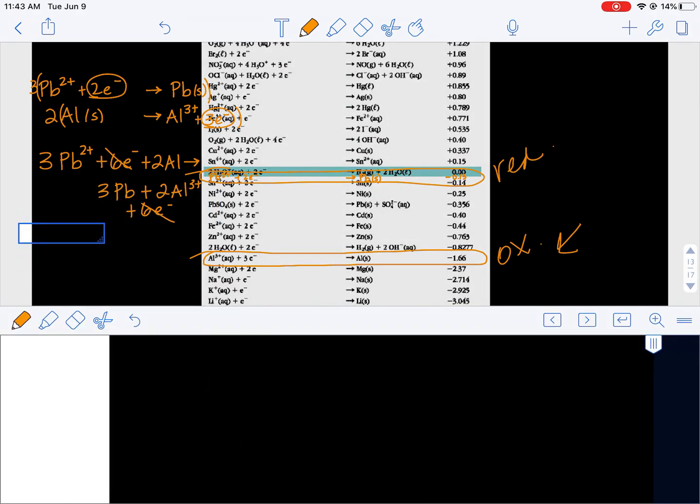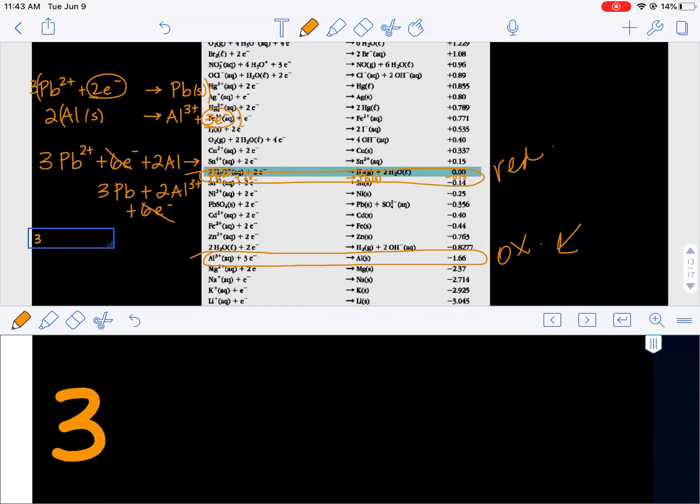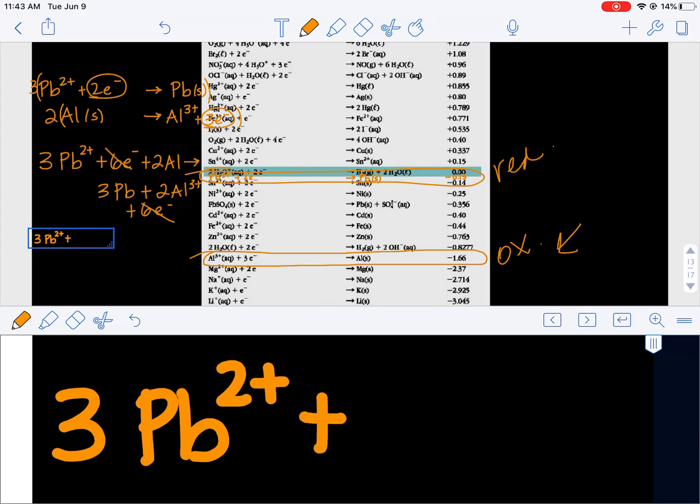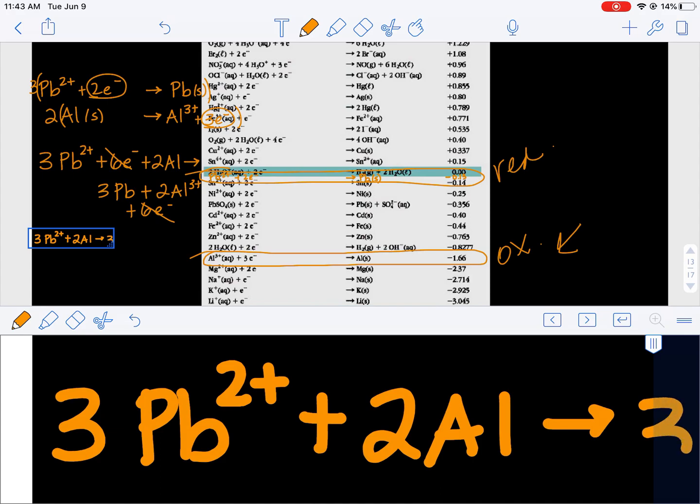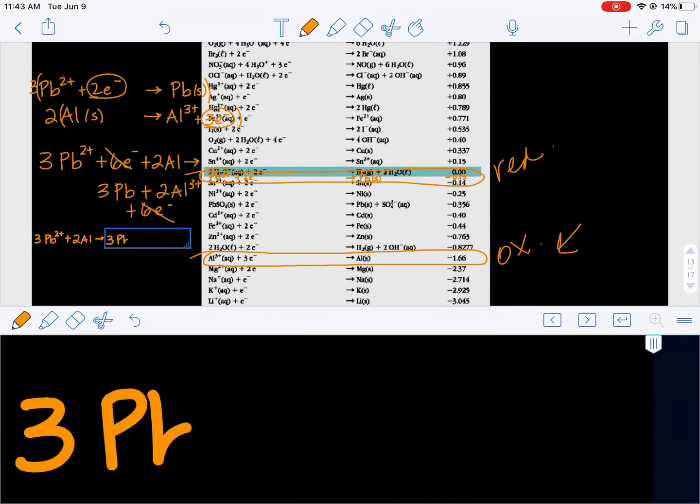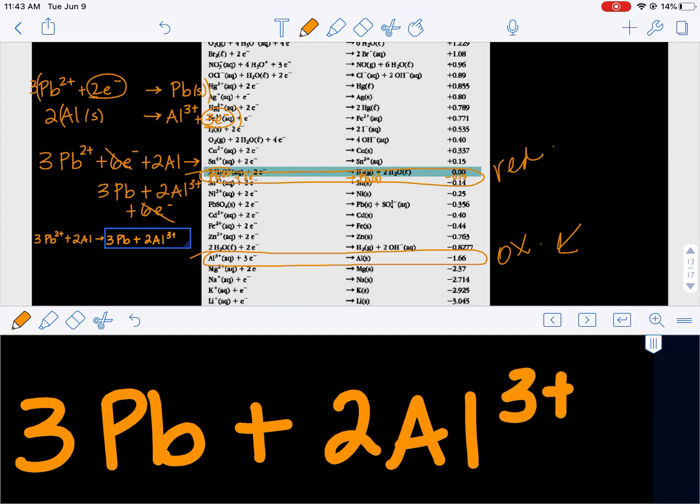So I can clean this up by writing 3 Pb2+ plus 2 Al yields 3 solid Pb and 2 Al3+ ions.